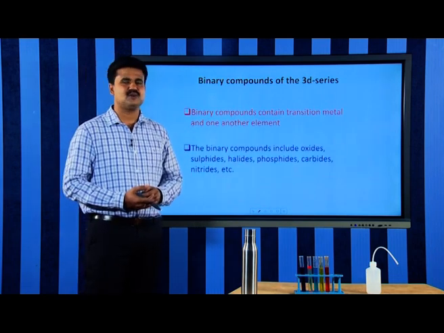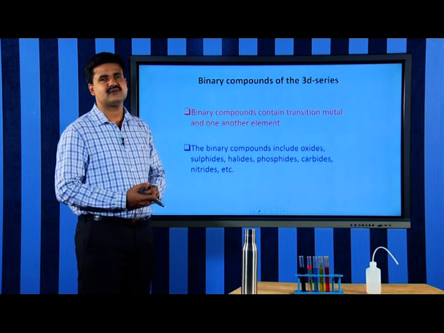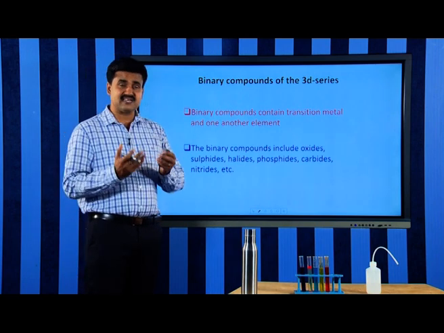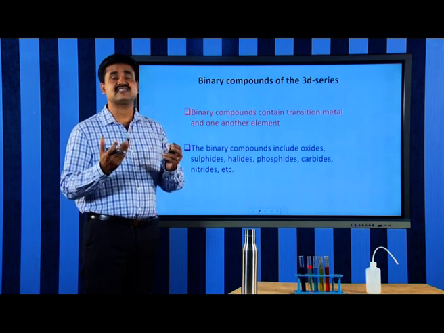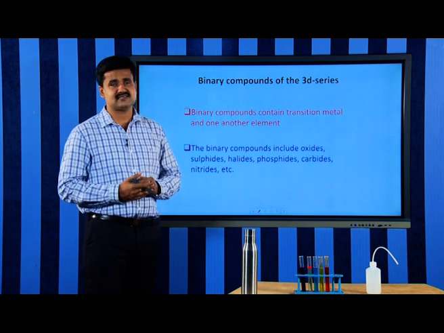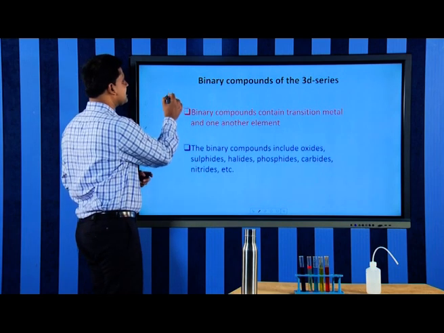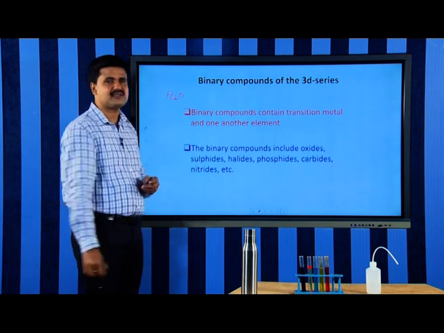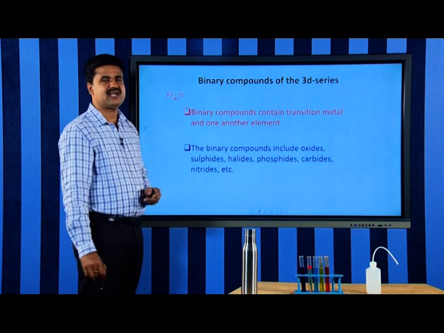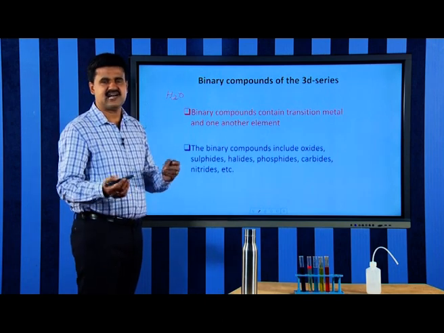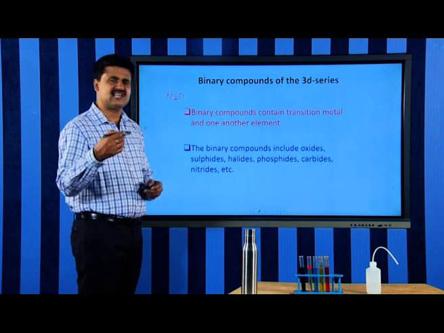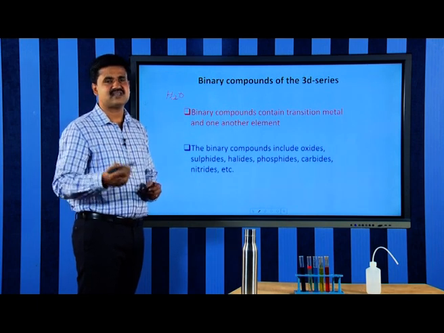Binary compounds of 3D series of metals. What are binary compounds? A binary compound is a compound which is comprised of only 2 elements. For instance, water can be considered as a binary compound which consists of 2 elements, hydrogen and oxygen. Ammonia, phosphine, arsine, calcium oxide, all are binary compounds.